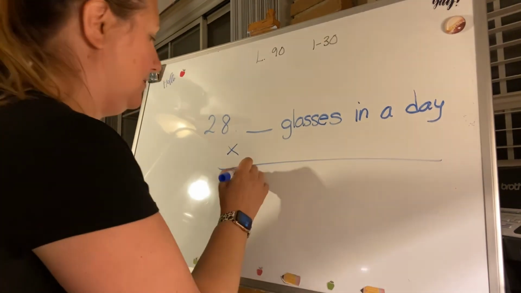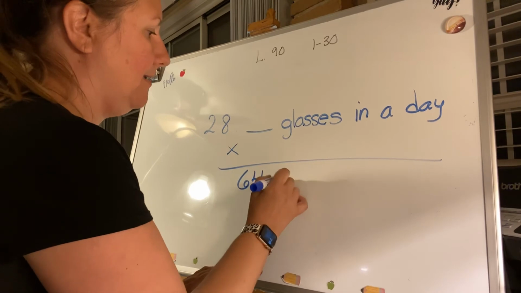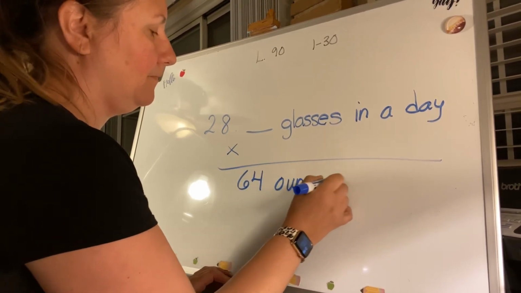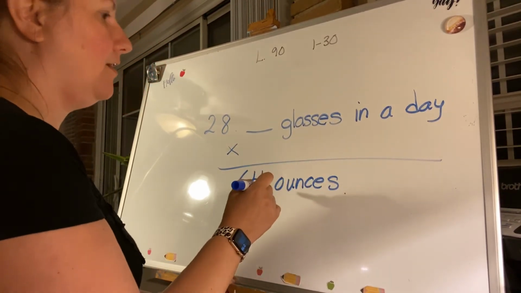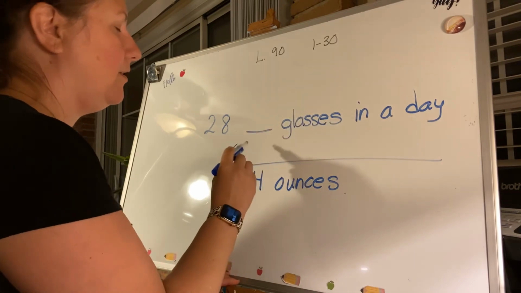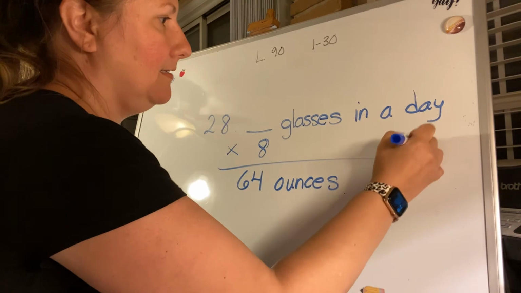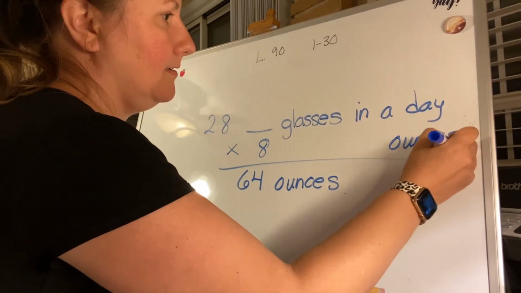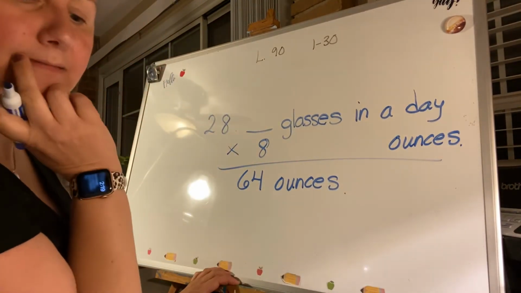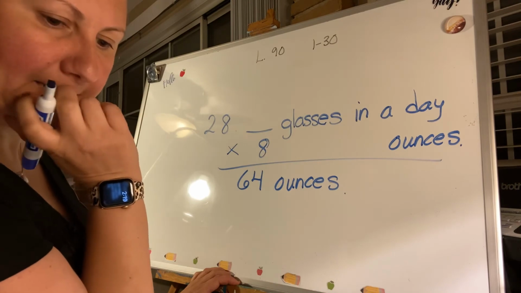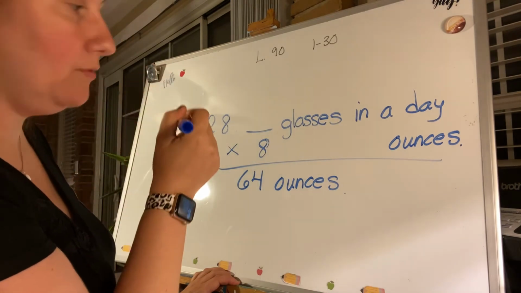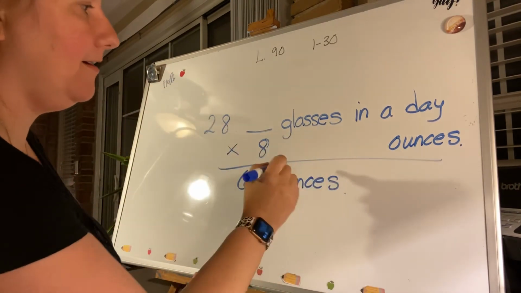So let me rethink this. 64 ounces. There are 8 ounces. Let me think through this. 64 ounces. Her glass holds 8 ounces of water.